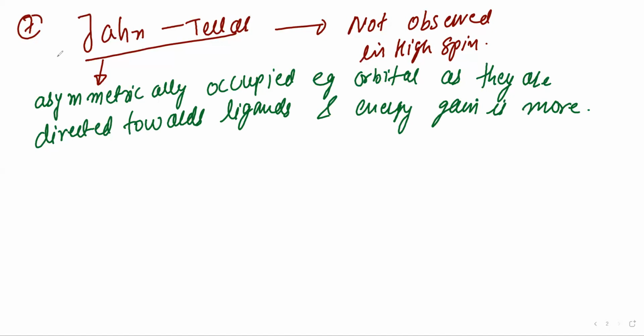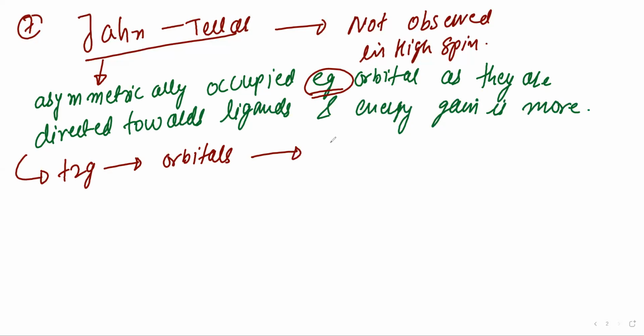On the other hand, for unevenly occupied t2g orbitals, the Jahn-Teller distortion is very weak. Here the orbital is in eg, right? This is your eg. And on the other hand, for unevenly occupied t2g orbitals, the distortion is very weak.